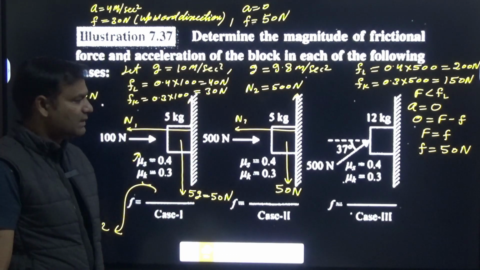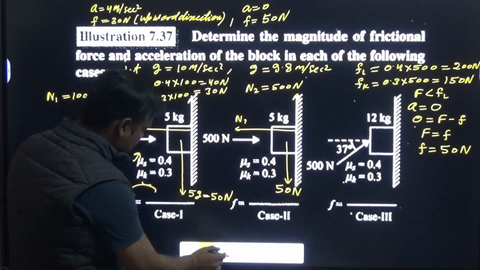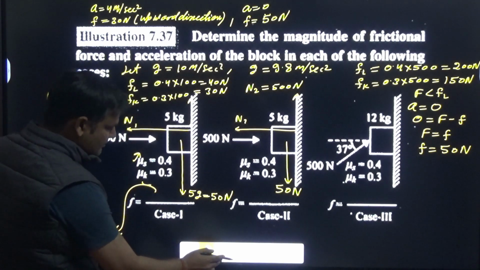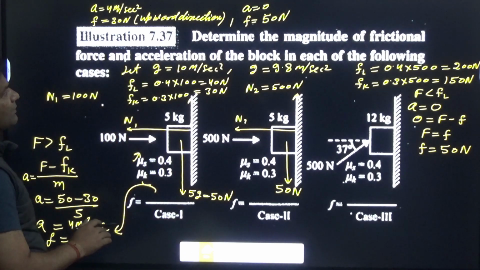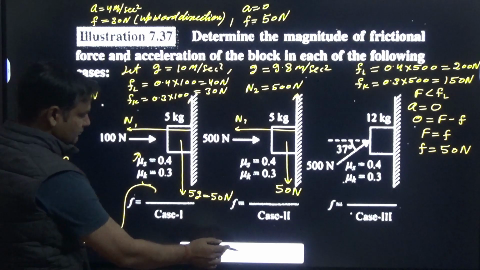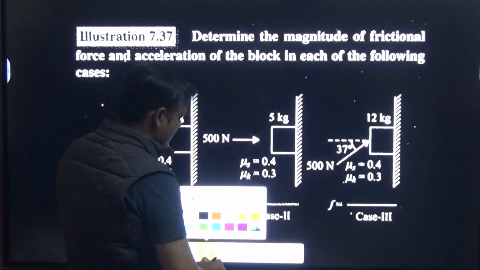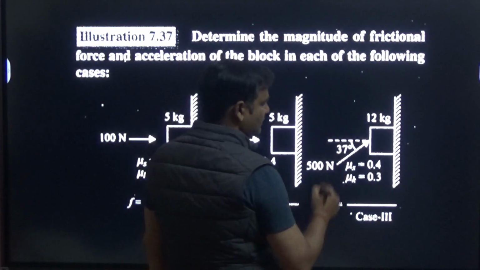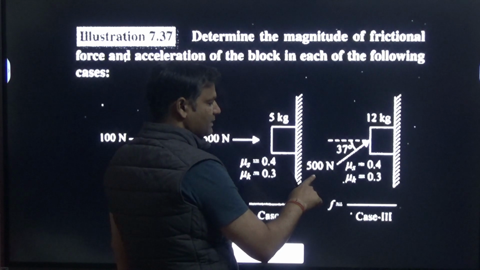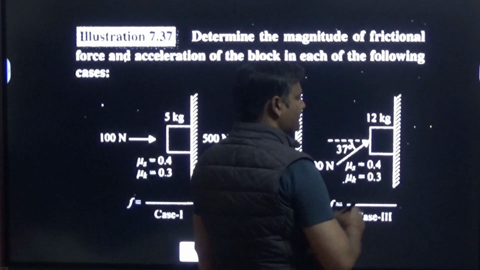Clear or not? That is case second. Now we discuss case third. Now the free body diagram of that block. First of all, that is 500.